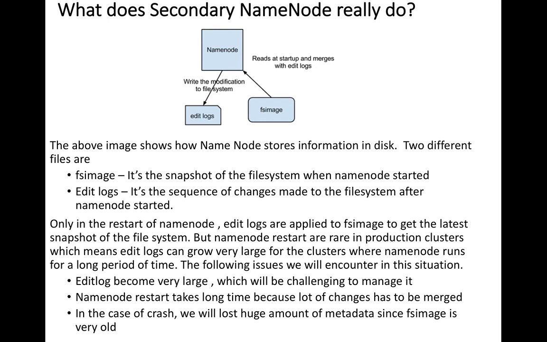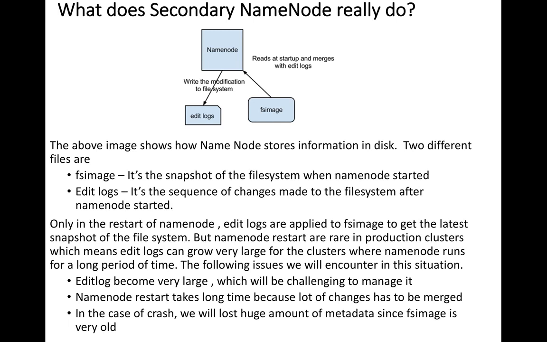The second thing is when the name node is stopped and restarted. Generally, they use the edit logs to modify the name node, because there are modifications of the whole system. These modifications should be merged into the FsImage.